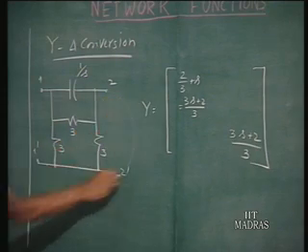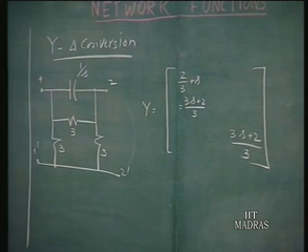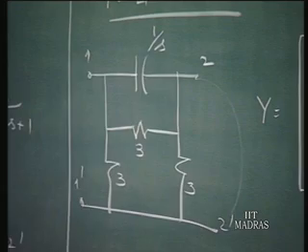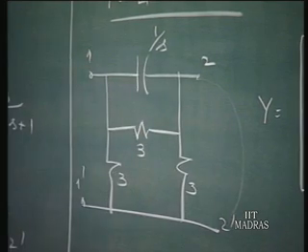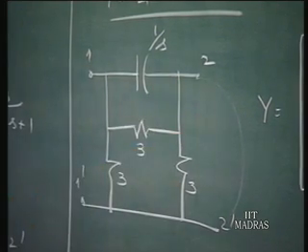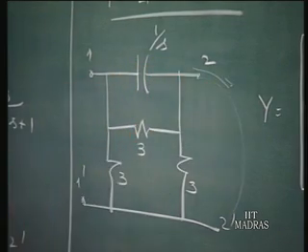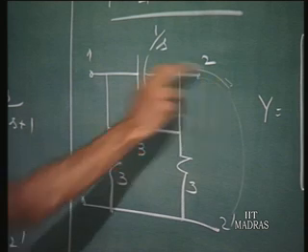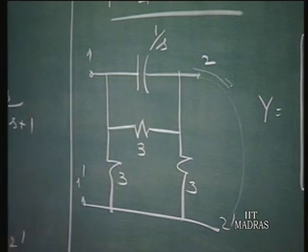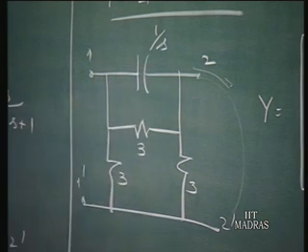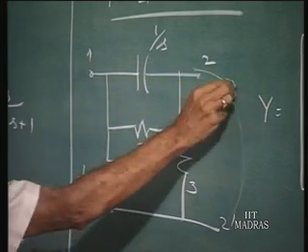Suppose you short circuit this, apply voltage here. The current that flows in 2 is limited by the admittance of this parallel branch, because this is ineffective because it's short circuited, and the current here we don't care what it is, we are interested only in the current flowing in this. So the current flowing in this will be the applied voltage times the admittance of this parallel combination. That will be 1/3 is the admittance of this and S is the admittance of this. So 1/3 plus S times V1 will be the current flowing in this direction.